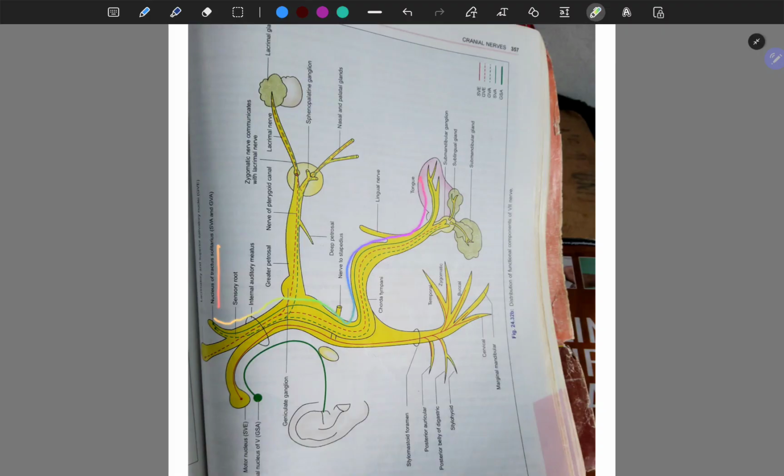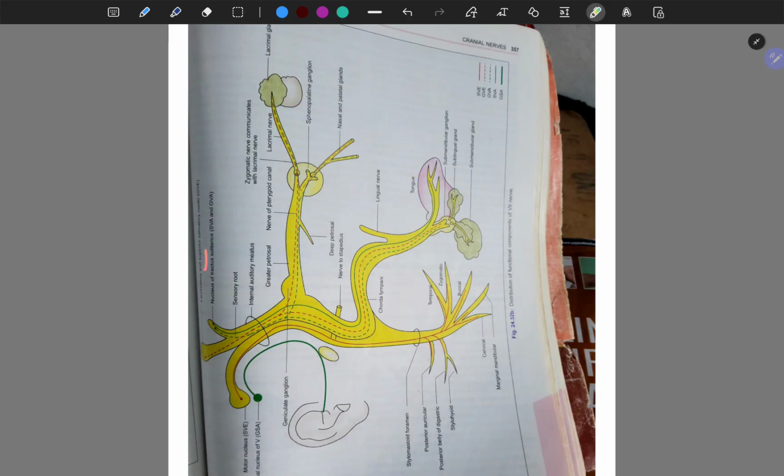Then the lacrimatory and superior salivatory nucleus. Remember, the parotid is supplied by the inferior salivatory nucleus, which belongs to the ninth nerve. The submandibular and sublingual salivary glands are supplied by the superior salivatory nucleus, of the seventh nerve.